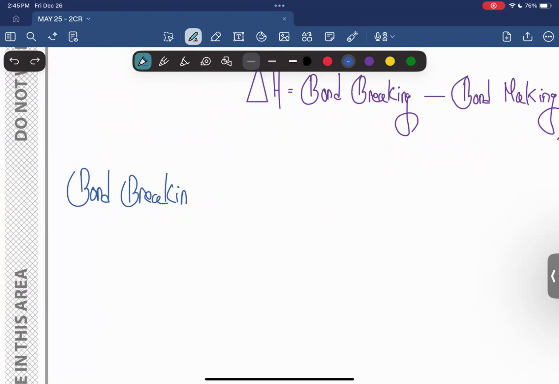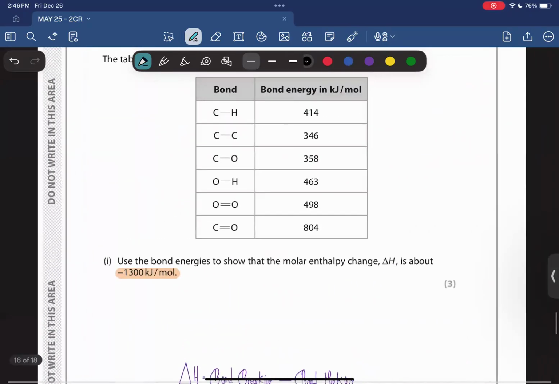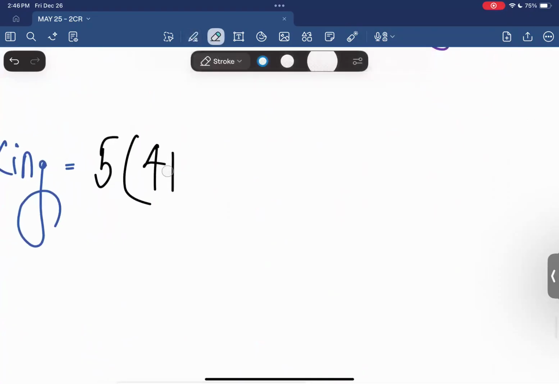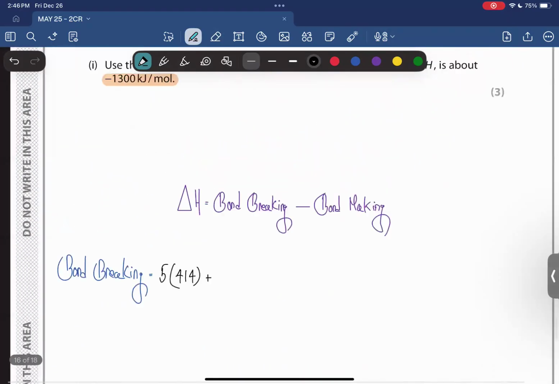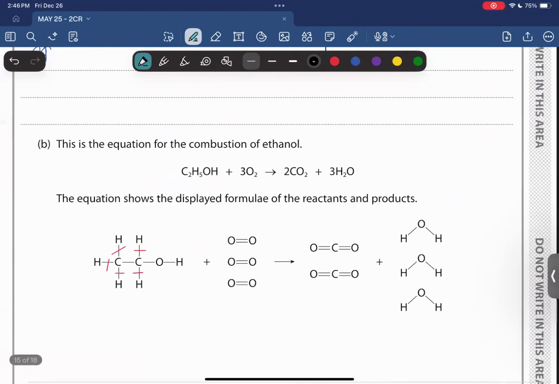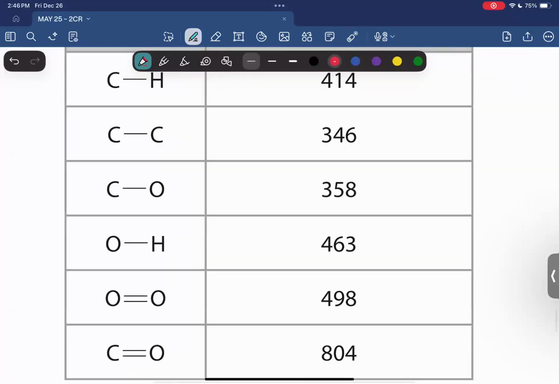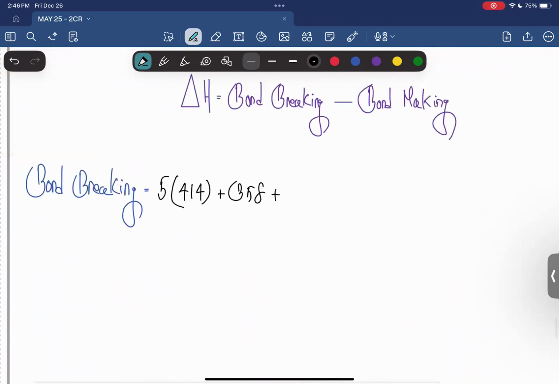So 5 times the energy needed to break the C-H bond, that is 414, plus one C-O bond is being broken, that is 358, plus O-H is broken as well.